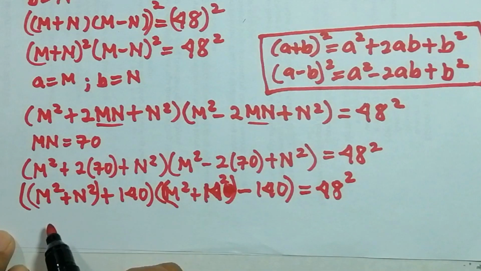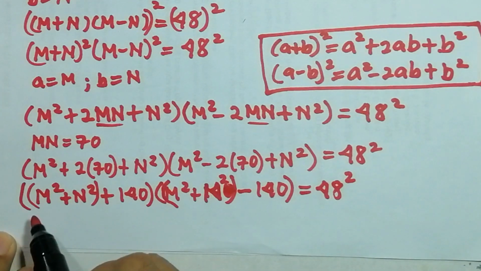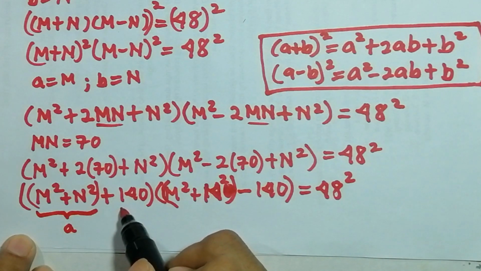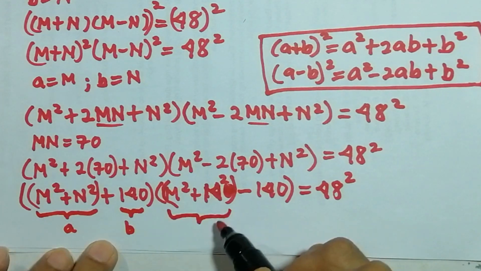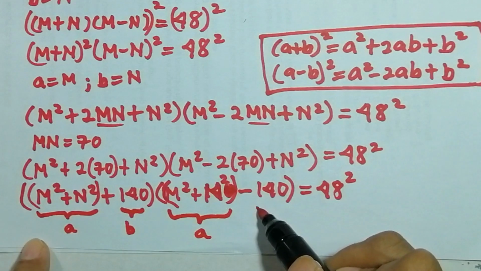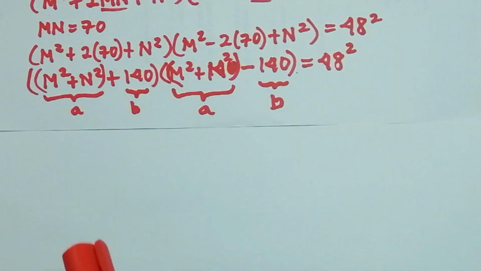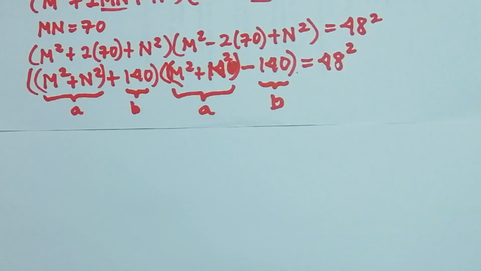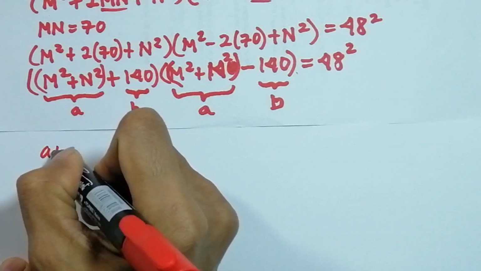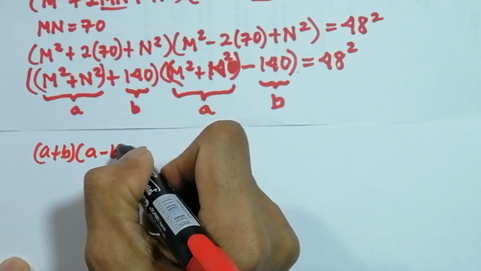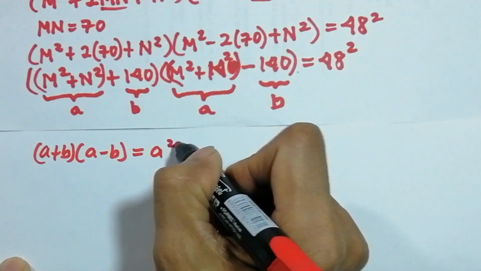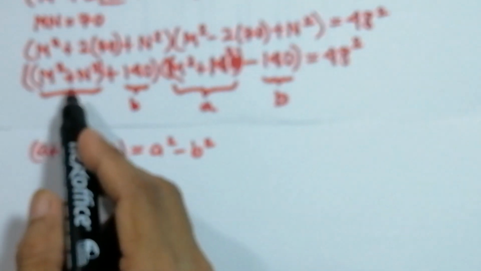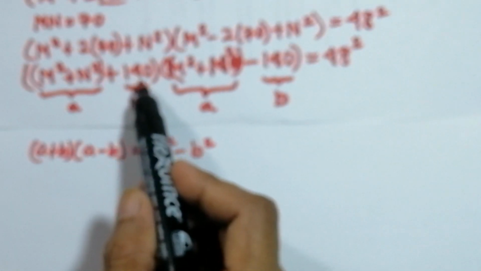Now in this term, we assign this as A and B. So this will be our A and this will be the B. Same as here, this is A and this will be the B. So in this case, we apply the product of the difference of two squares, which is A plus B times A minus B is equal to A squared minus B squared, where our A is m squared plus n squared and our B is 140.